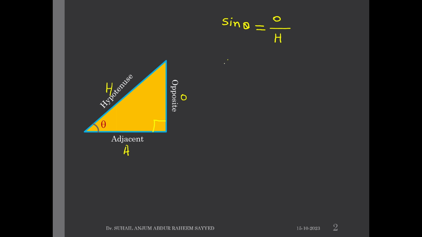Then we have cos of theta, which is given by adjacent side divided by hypotenuse.